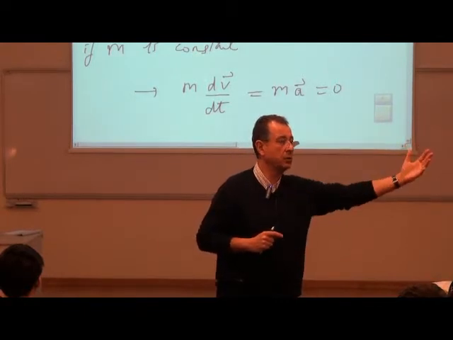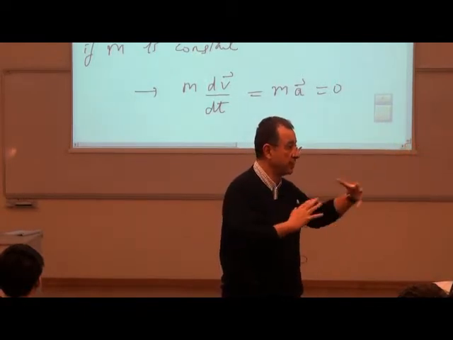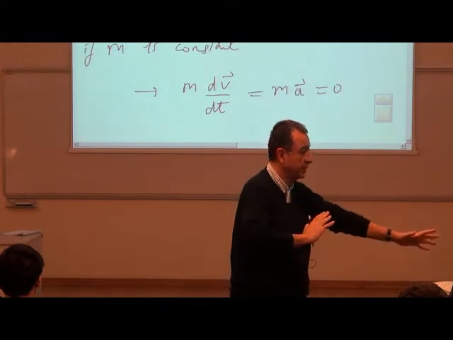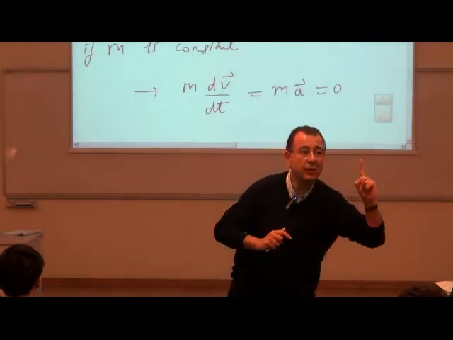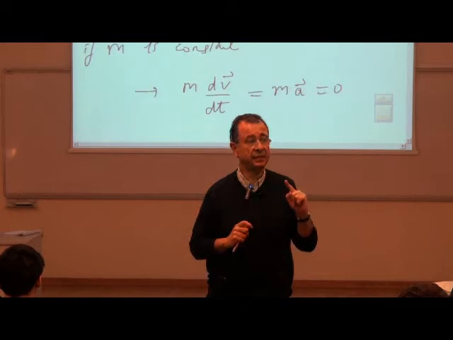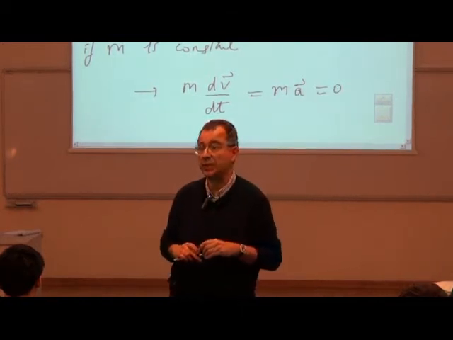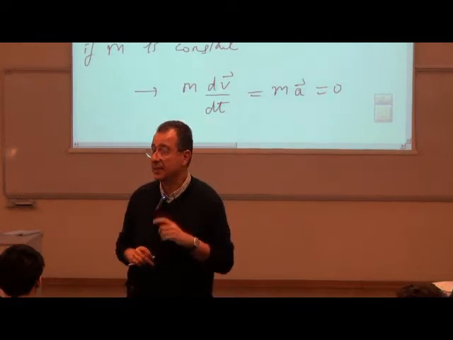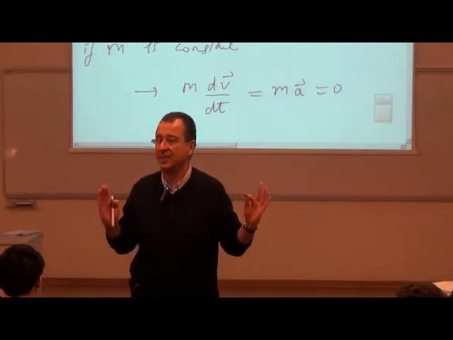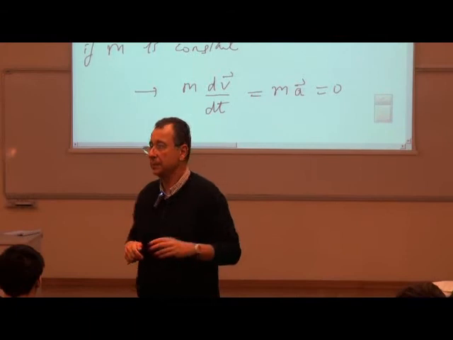If there are no influences, no effects, nobody pulling or pushing this body, then the result is not that its velocity is 0, its acceleration is 0. Acceleration is 0 means velocity is not changing. It doesn't say velocity is 0. It says velocity is constant. Okay?